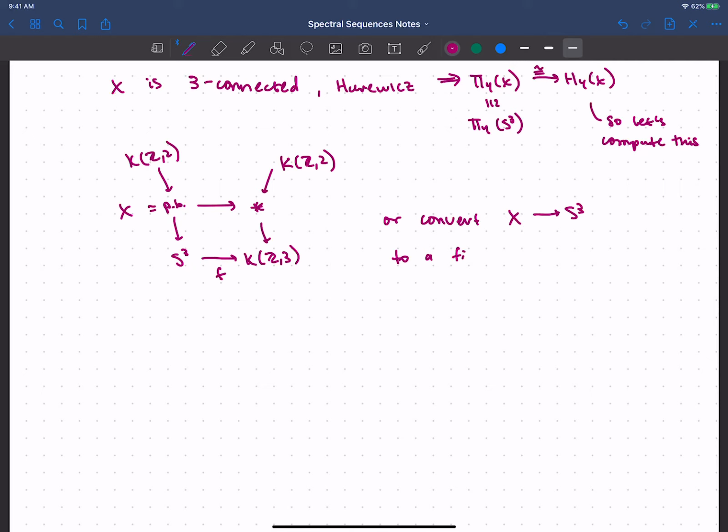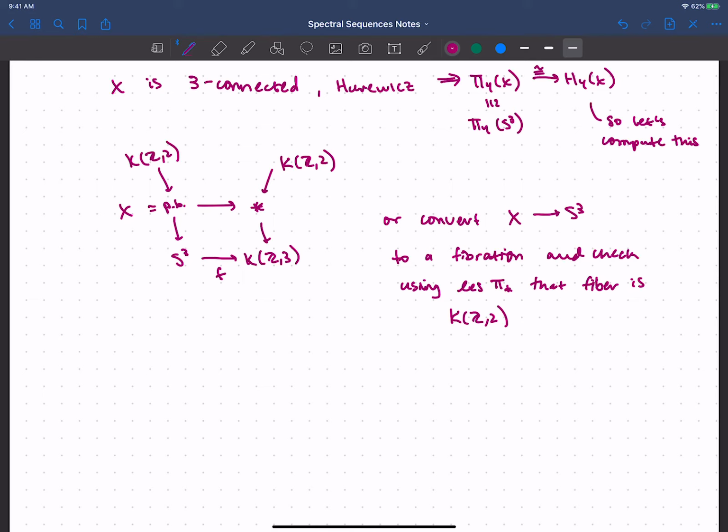That was just our inclusion. But pick a particular inclusion, convert it to a fibration, and check using the long exact sequence in homotopy that the fiber is KZ2.